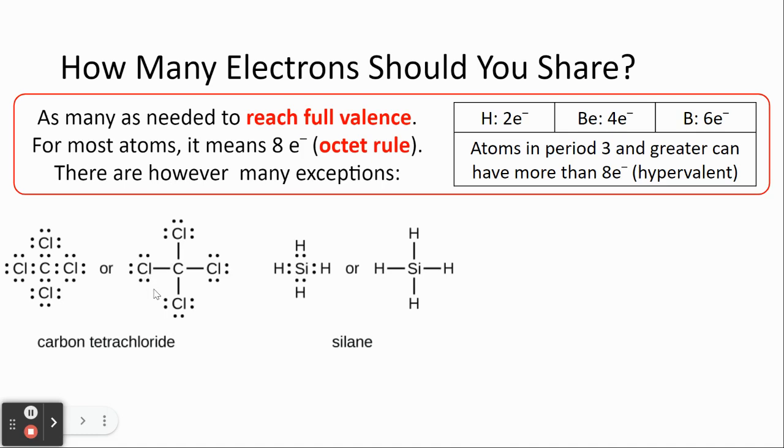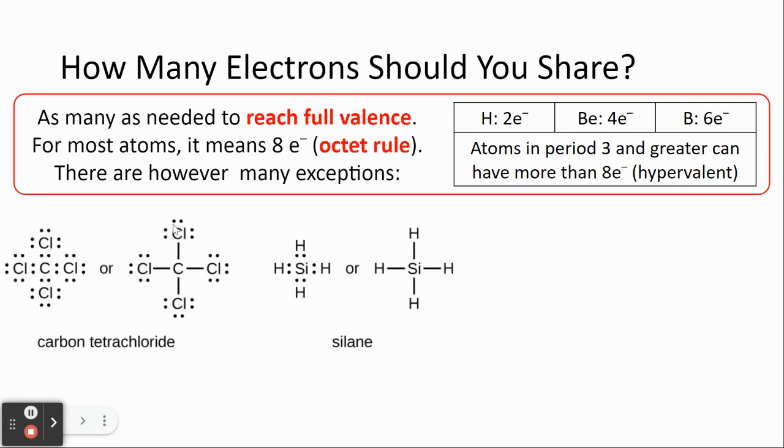And once the structure is complete, there's a total of 32 valence electrons in our carbon tetrachloride. We've got 4 single bonds, and then we've got 3 lone pairs of electrons on each chlorine. So this chlorine has 2, 4, 6, 8 electrons. The octet rule is fulfilled.